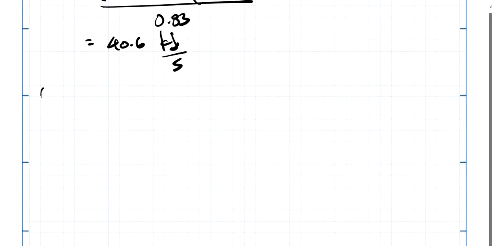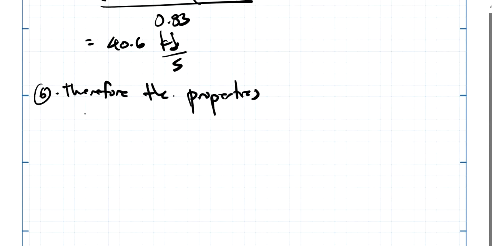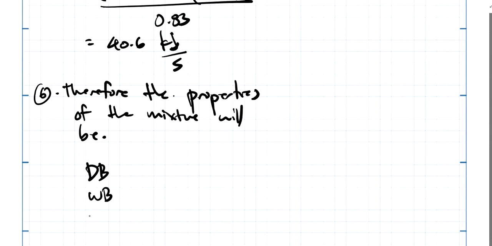Therefore the properties of the mixture will be the dry bulb, wet bulb, and the dew point temperature.